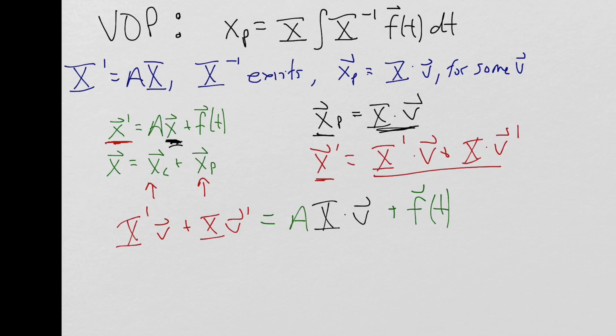I tried to be really careful with colors. Everything in green is exactly the same here. This stuff turned red. This stuff turned black. Now I'm just going to go into just using black. So what's that give me?